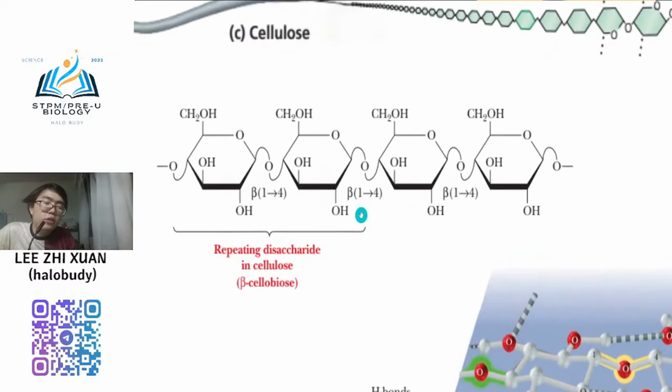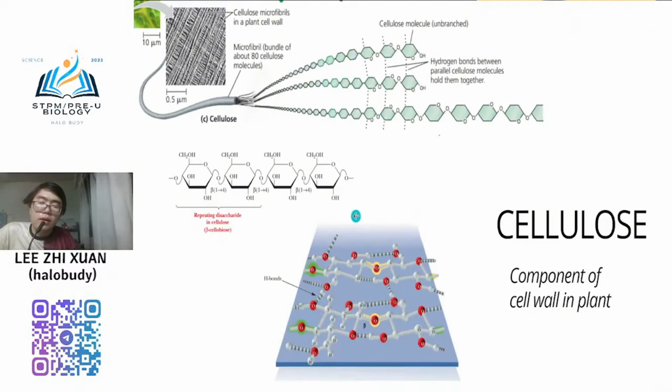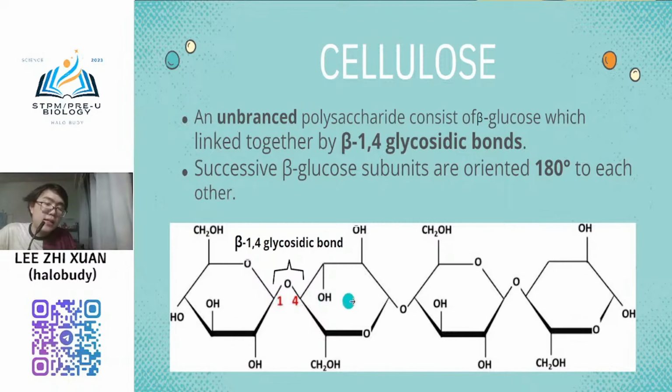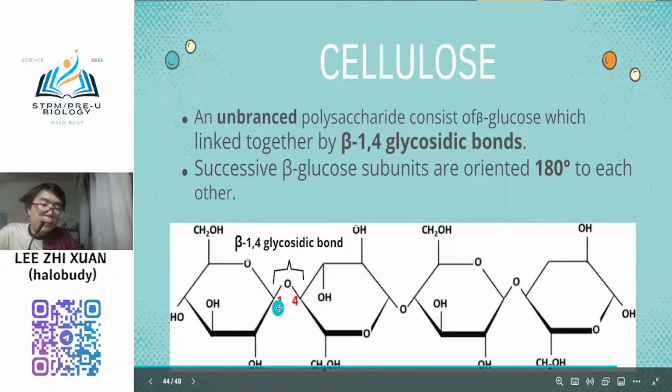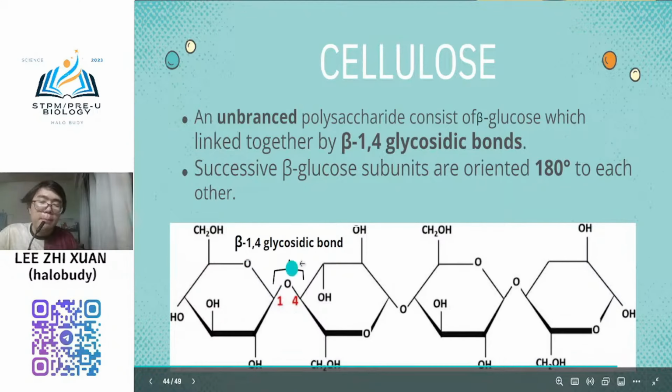And if you refer to this structure, you can see it looks strange. You will see the difference. The main difference is at here. You will see carbon number 1 and carbon number 4 at here. This one is beta glucose. You count 1, 2, 3, 4, 5, 6. Carbon number 1 forms a bond at carbon number 4 of another beta glucose.